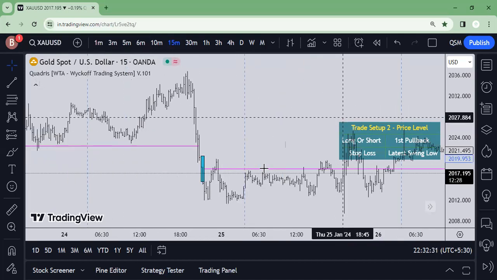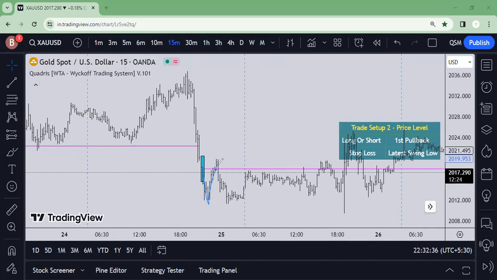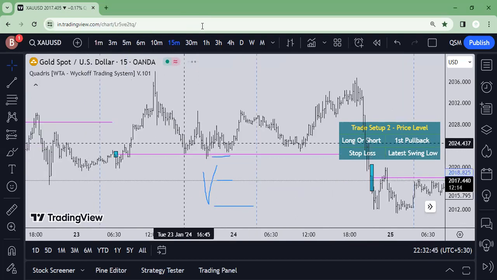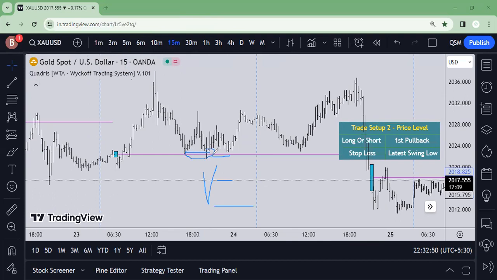What you have to do is trade the first pullback. Here you got a first pullback, downwards, upwards, first closing candle. This is your stop loss. This is your target. Then after that, this or ideally this, any of these first pullbacks, ideally should be this one.